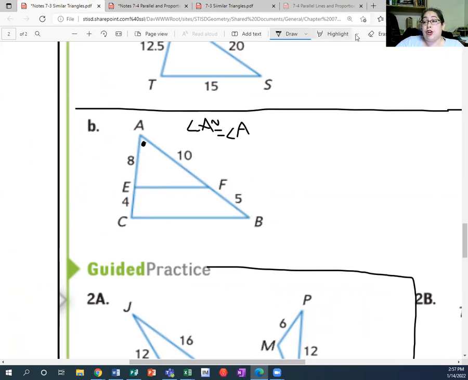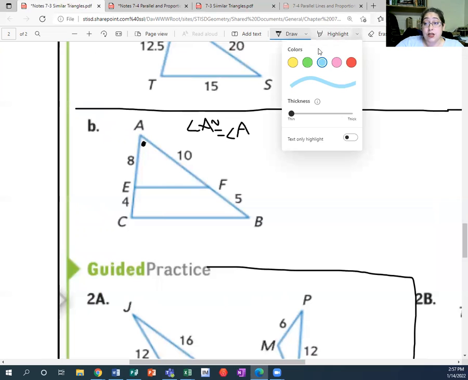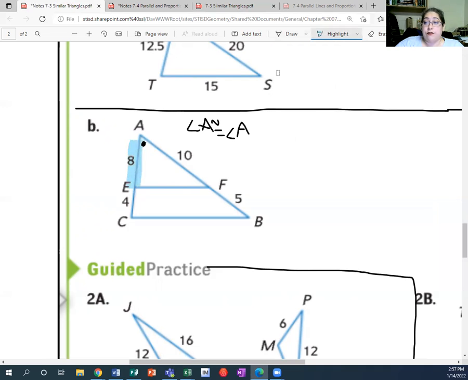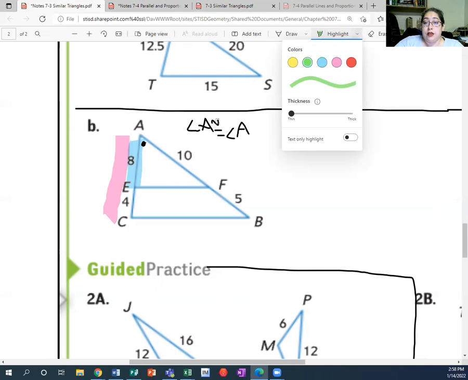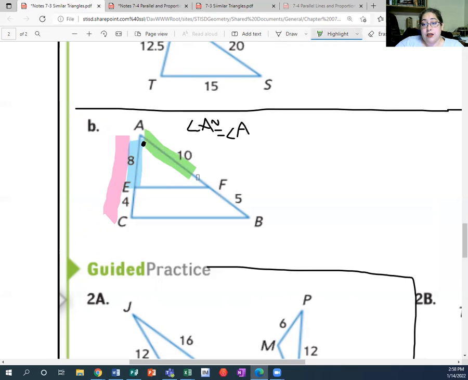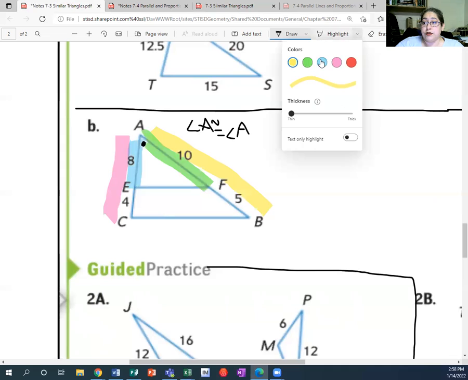Now I need to show that the sides are in proportion. So I need to look at the side of this triangle from A to E, and I'm going to compare it to this side from A to C. And I'm going to look at that in terms of this other pair of sides from A to F and from A to B. And I want to look at the fractions that get created from both of those.